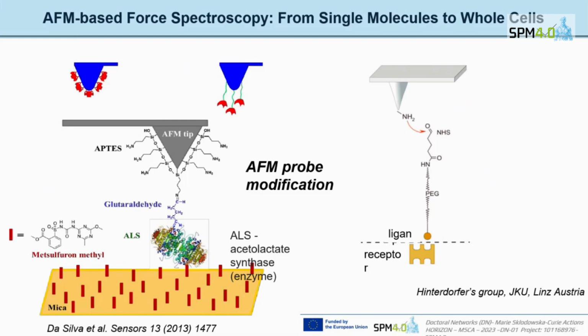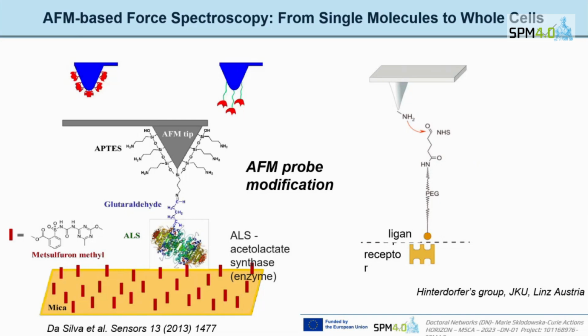To attach the ligand to the probe, two types of protocols were established. The first protocol was using glutaraldehyde. We have an AFM probe covered with silane APTES. Then we attach glutaraldehyde, and then we attach the ligand.